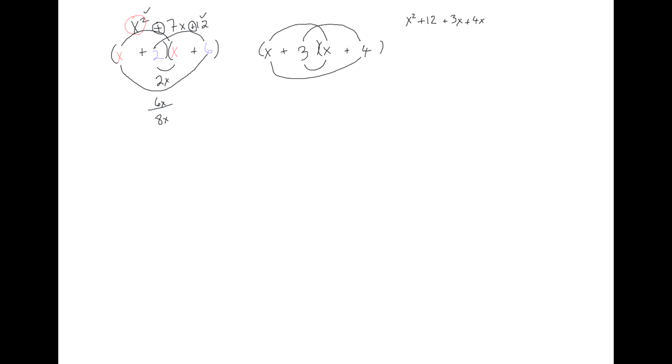Okay, and my middles add up to be 7x, which is what I need. So then this is my actual answer. X plus 3 times x plus 4. That's the factored version.